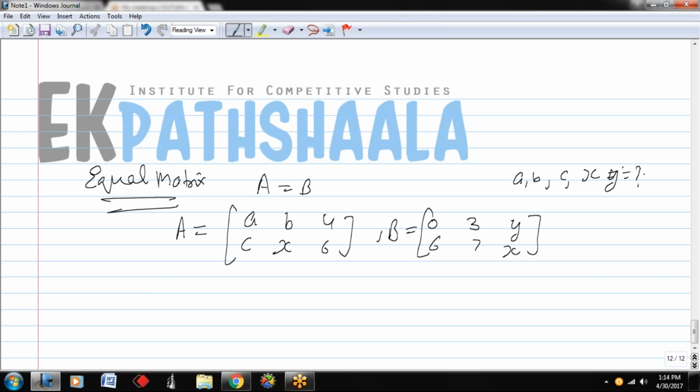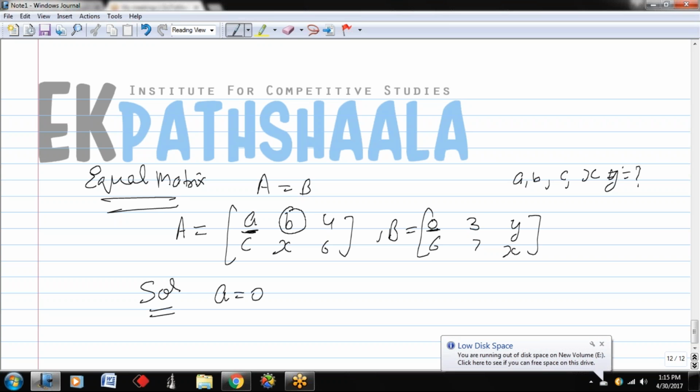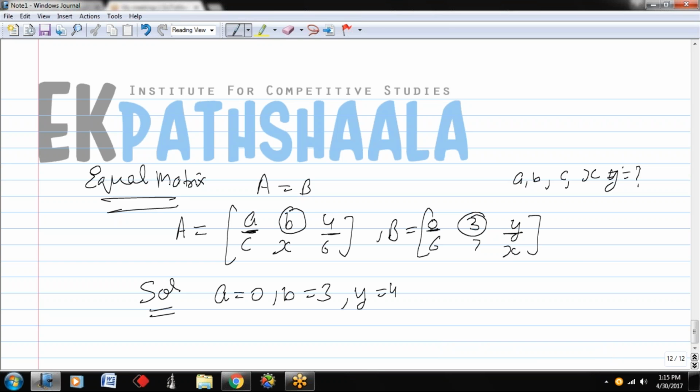So how will we move on with this? What does the definition of equal matrices say? It says that it should have the same value at the same place. So if A is equal to B, here a is coming and here 0 is coming, therefore my small a will be 0. Small b and 3, so my small b will be 3. y is 4, c is equal to 6. x is equal to 7.